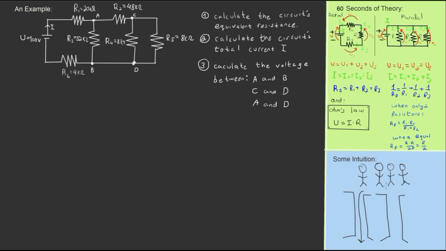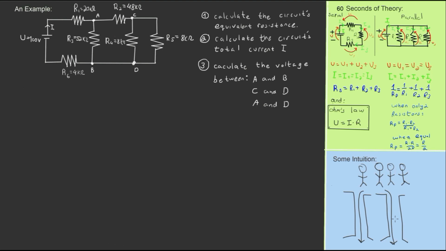Some would choose the first one, some would choose the second one, but they'll have less squeezing to do and less effort in order to move through the two corridors, as compared to the single corridor at first. So as you can see, 2 corridors in parallel are easier to flow through than one corridor. And that's a pretty good analogy to connecting 2 resistors in parallel.